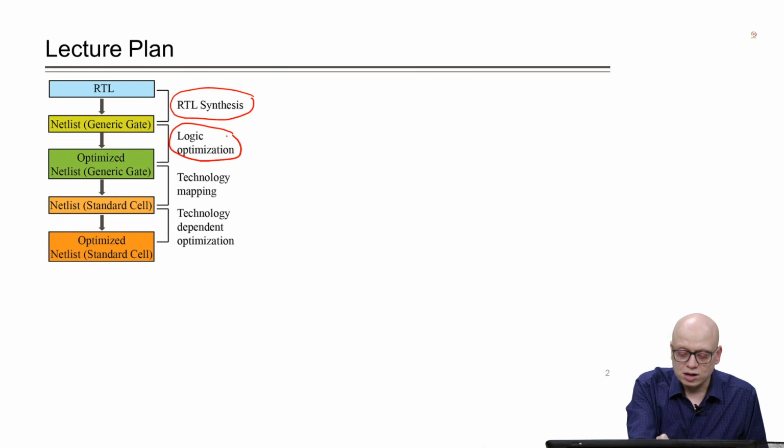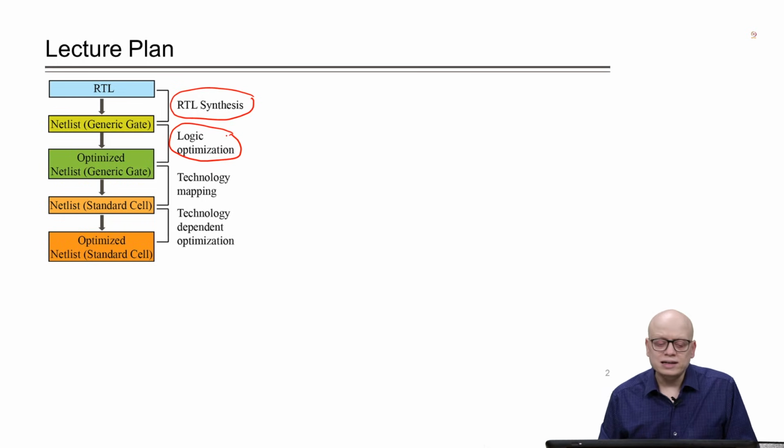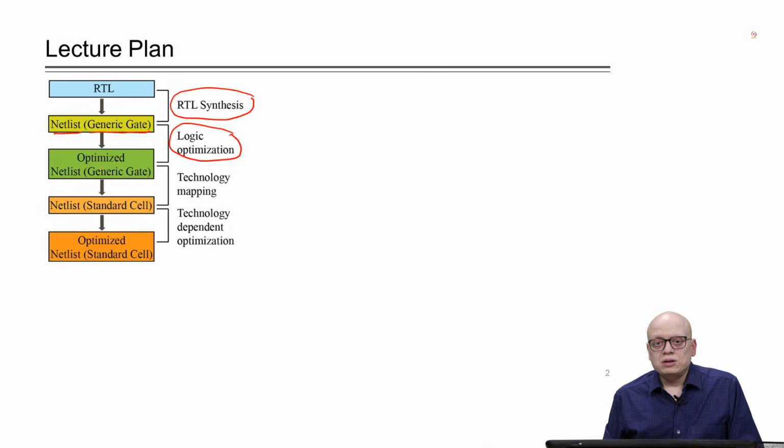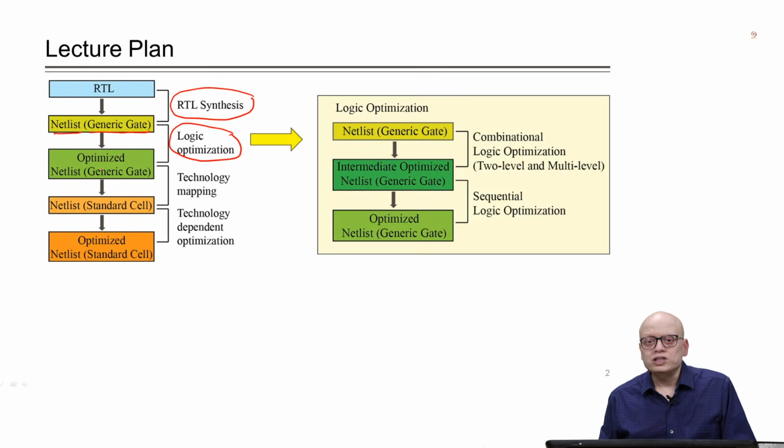Logic optimization basically transforms a given netlist, which is in the form of generic logic gates, into an optimized netlist such that the functionality is preserved while its figures of merit, primarily the area, improves. Now, if we look into the logic optimization task, it is of two types.